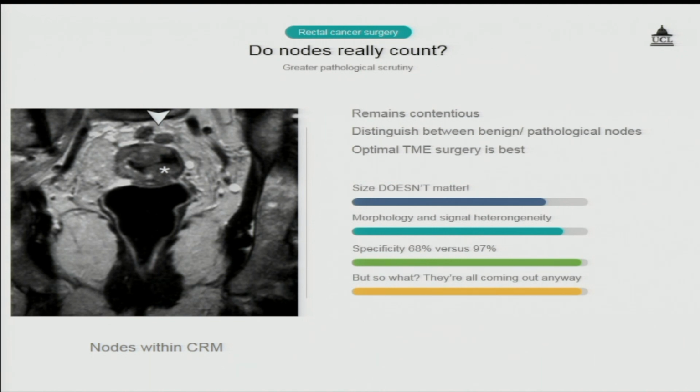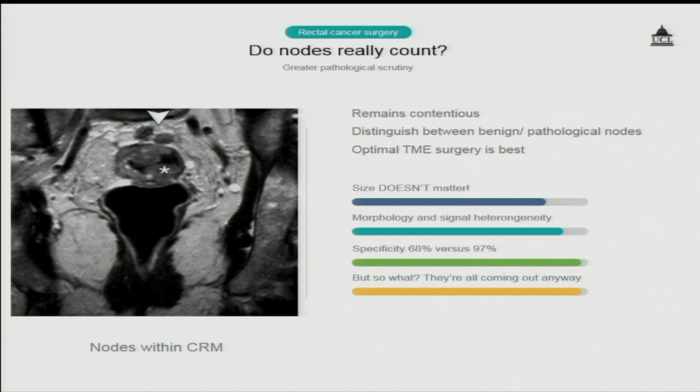This is one of those few situations in life where size actually doesn't matter. In this particular case, you look at the heterogeneity of the signal and you look at the contour. Often this correlates with size, but it is actually the radiological features of the border of the node and what the signal looks like that are more important than the size itself.